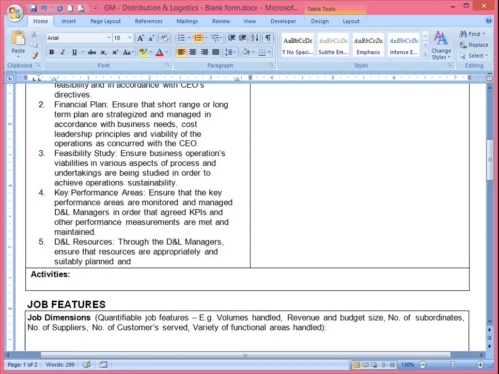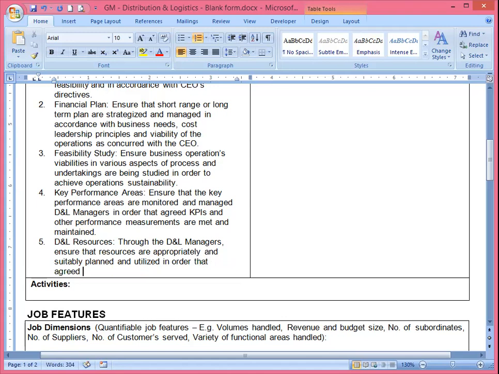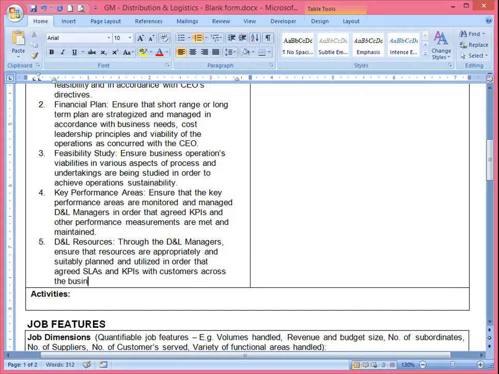Of course, utilization of the budget, in order that agreed SLAs, service level agreements with customers or clients, and KPIs, key performance indicators, with customers across the business are achieved. Okay, all about achievement.